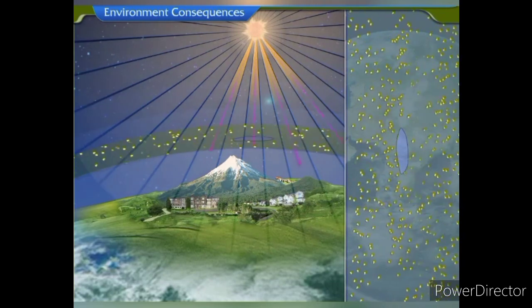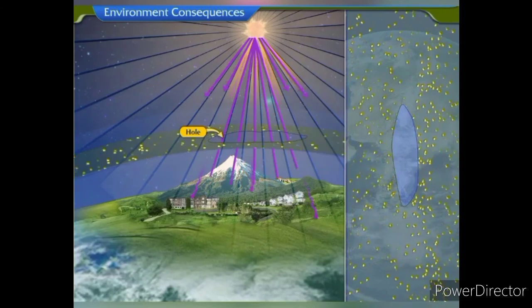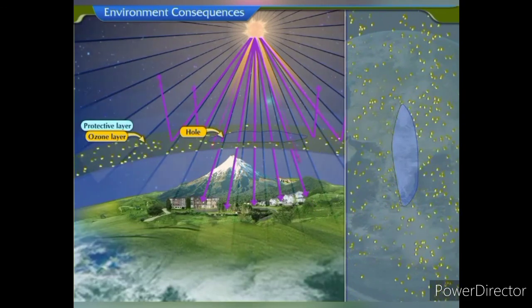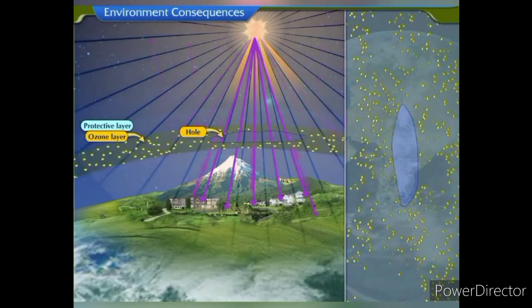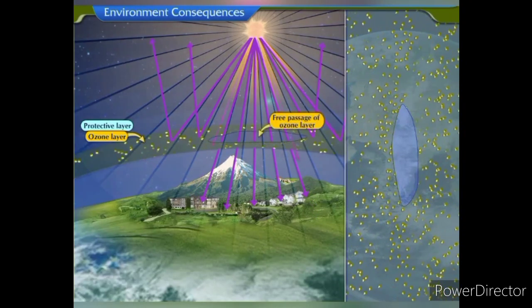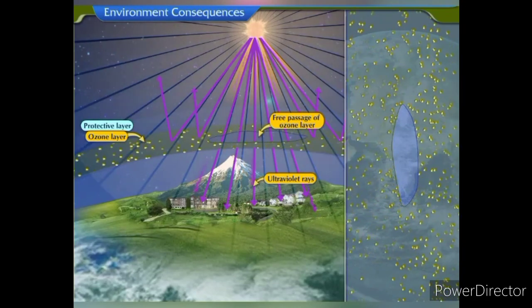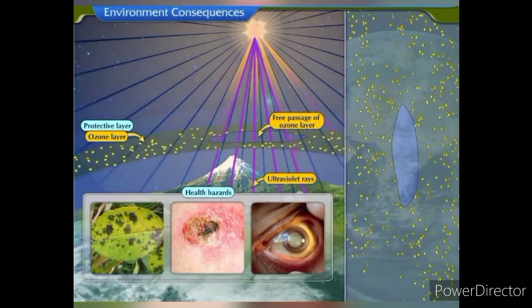Use of certain compounds has led to ozone depletion, thus creating holes in the ozone layer, which is a protective layer in our atmosphere. This leads to the free passage of harmful ultraviolet rays from the sun to the earth, which is responsible for many health hazards.